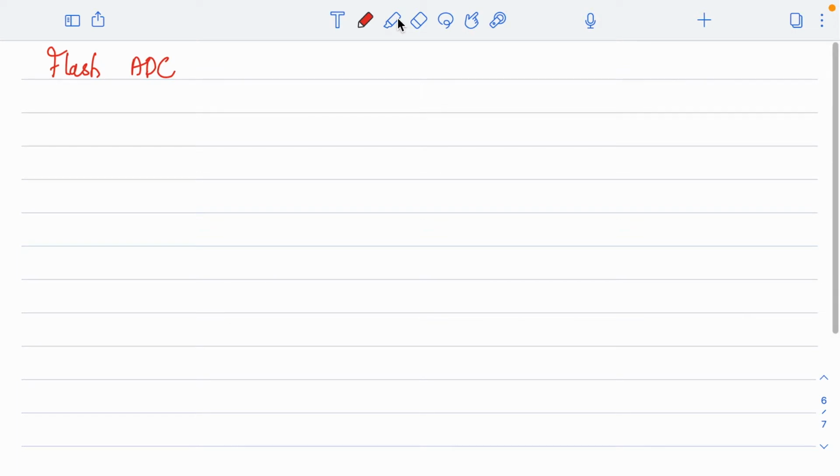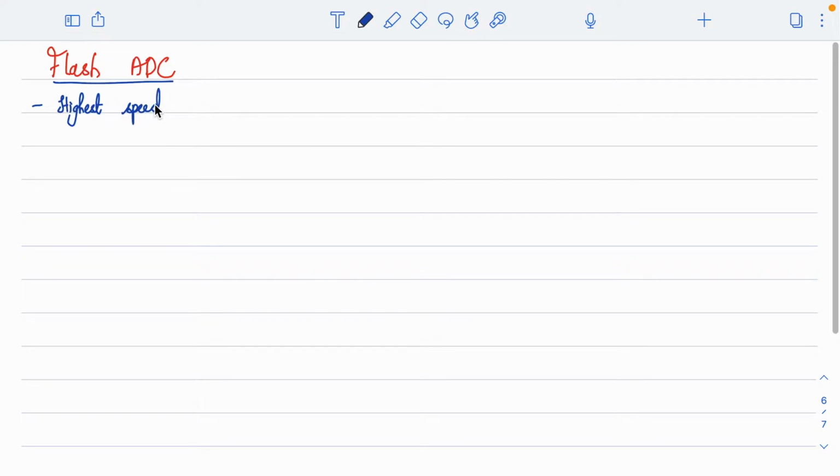Let's start with this form of ADC. Out of all the ADCs I have listed, this Flash ADC has the highest speed. That is one very important feature of the Flash ADC.